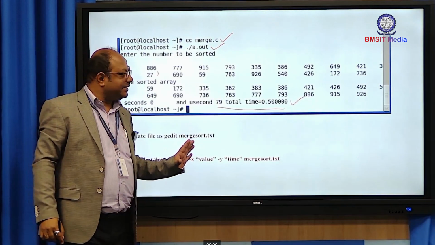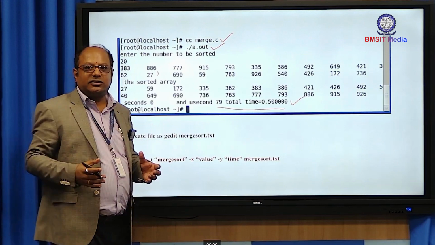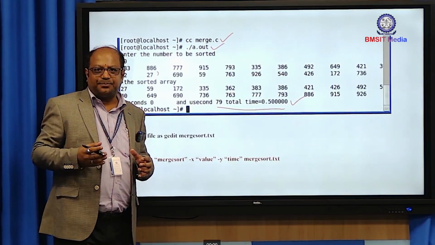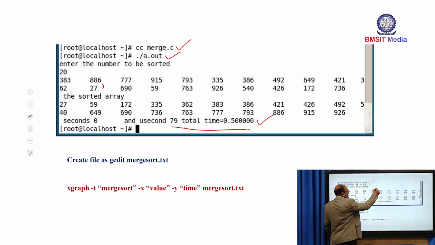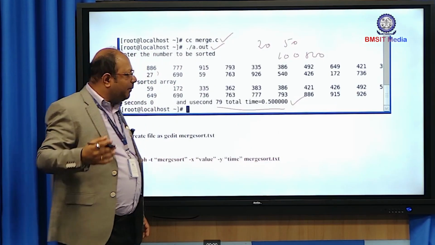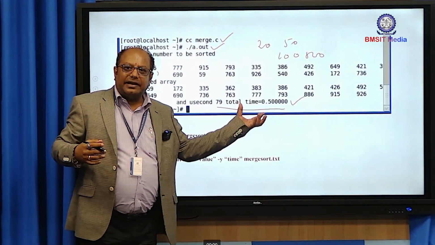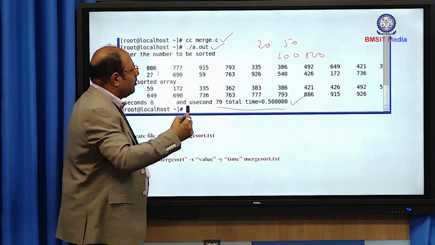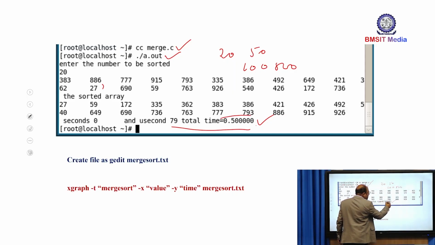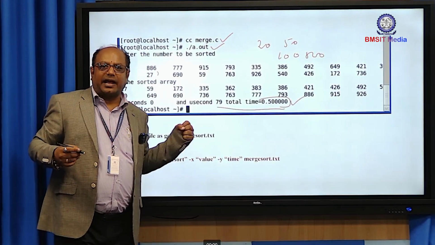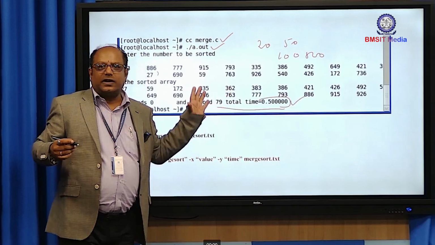What generally happens is, as today's systems are quite high end, the processor speed is quite fast. In that context, if you take elements like 20 or 50 or 100 or even 500, the computing time cannot be calculated and the time complexity graph cannot be drawn properly, because it will take only nanoseconds to sort the elements.